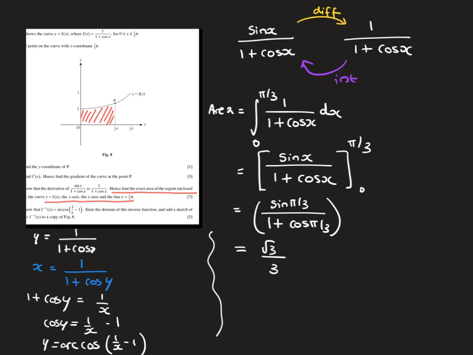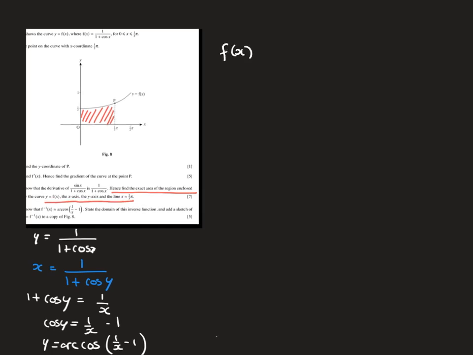Now, let's think about the domain and range. So f of x, the original function, we can see its domain is that x is between 0 and a half pi. And its range, we can see that range always refers to the set of allowable y coordinates. Well, if we're between 0 and a half pi here, that means we're between here and here on the y-axis. So that means the range is that y is between 1 and a half.